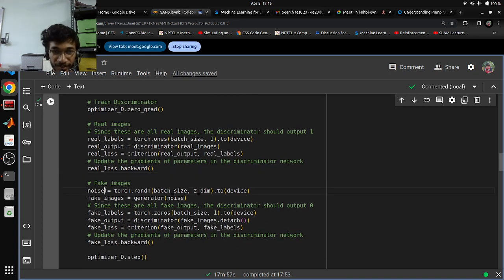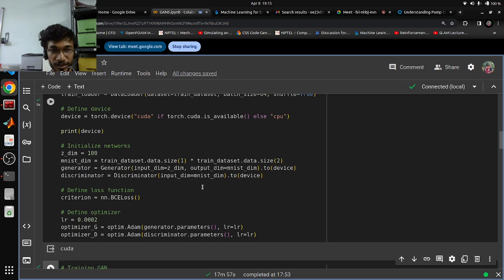And we do the same thing with the fake images. Whatever our generator is right now, we will feed in some noise. The noise now needs to be batch size cross z dimension, which was 100.